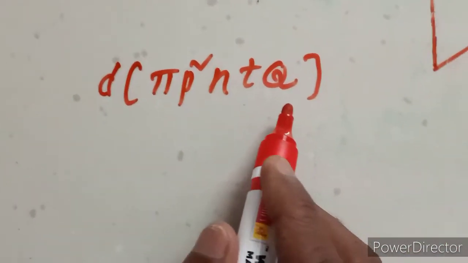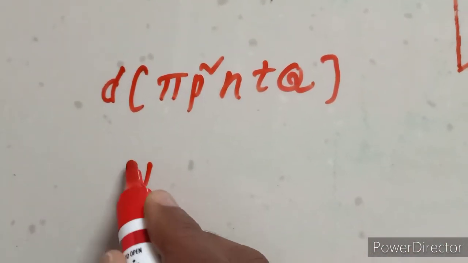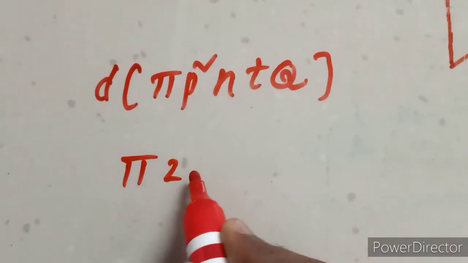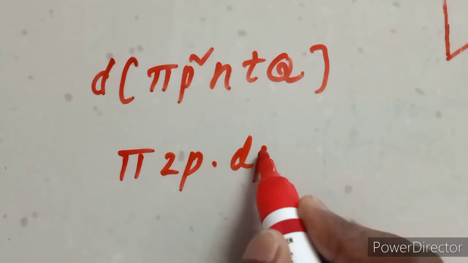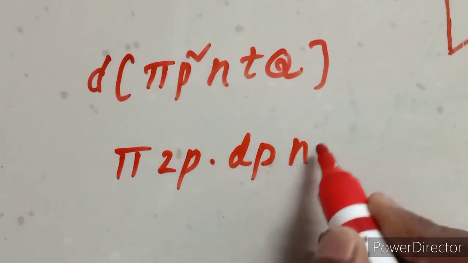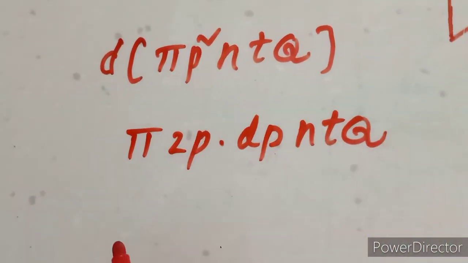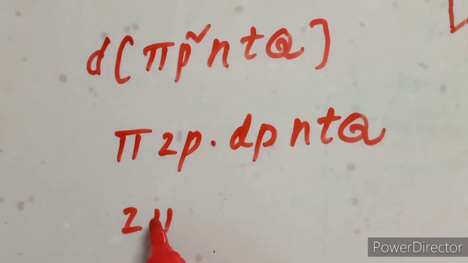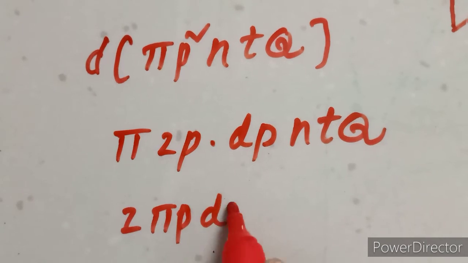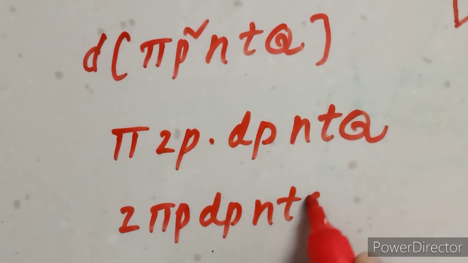Pi is a constant, and the derivative of p square is 2p, with the inner differentiation dp. So we get 2 pi p dp N t q.